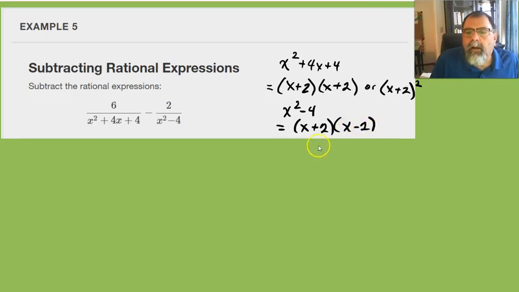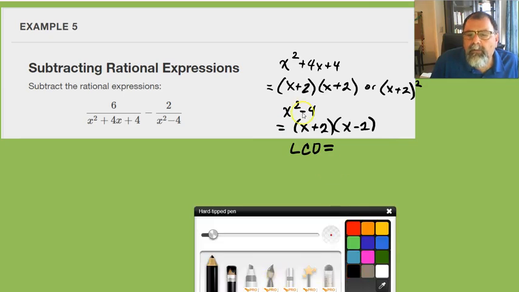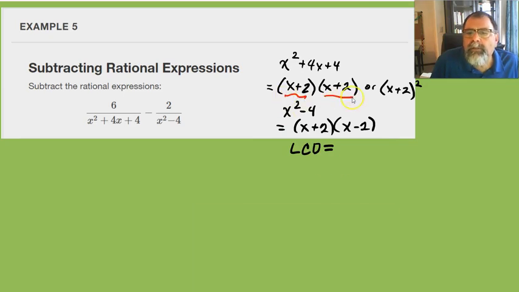And again, to find the LCD, let me tell you the process I use. I'm going to look at the factored form. For every factor, I need it the greatest number of times it happens in one of the factorizations. Do you see how I have 2 x plus 2's in this one and 1 x plus 2 in this factorization?